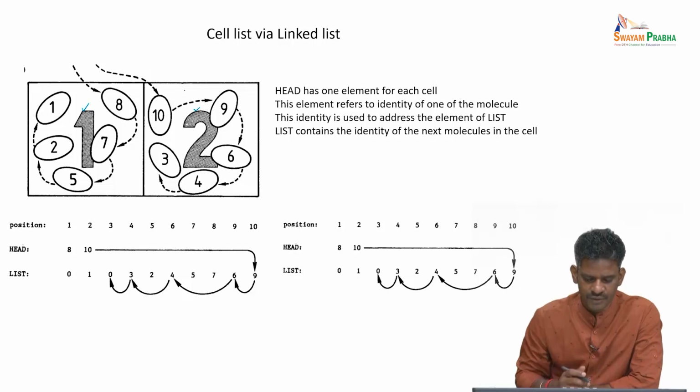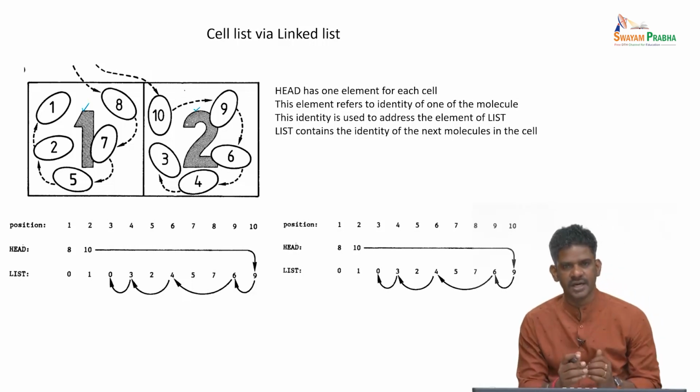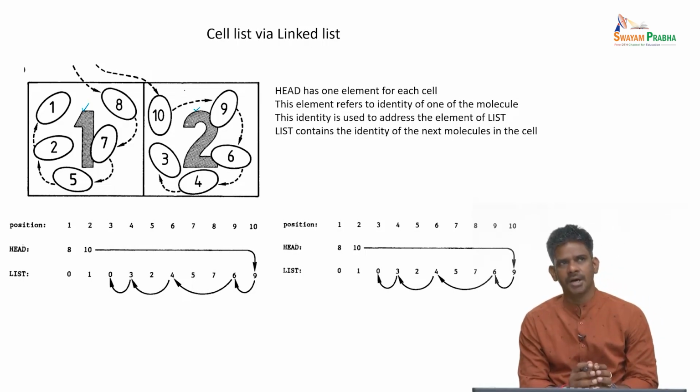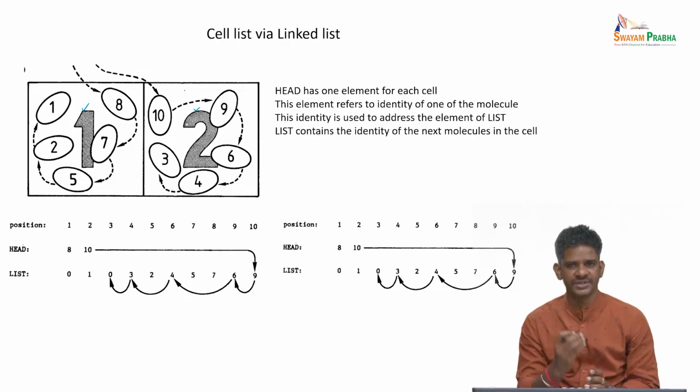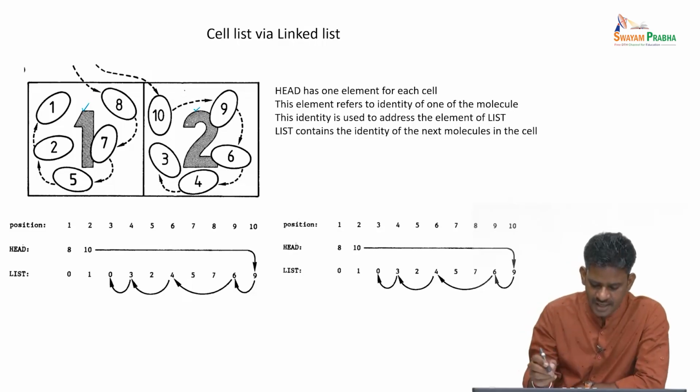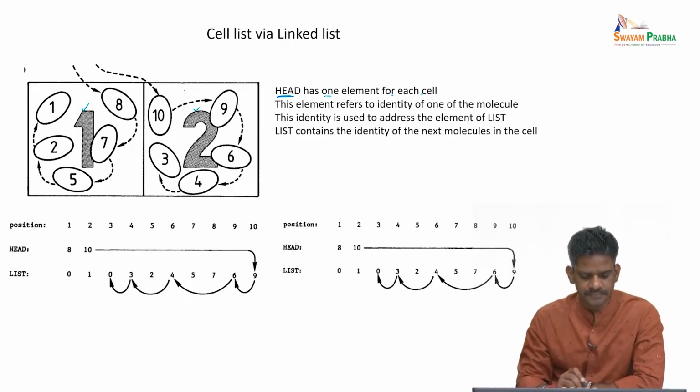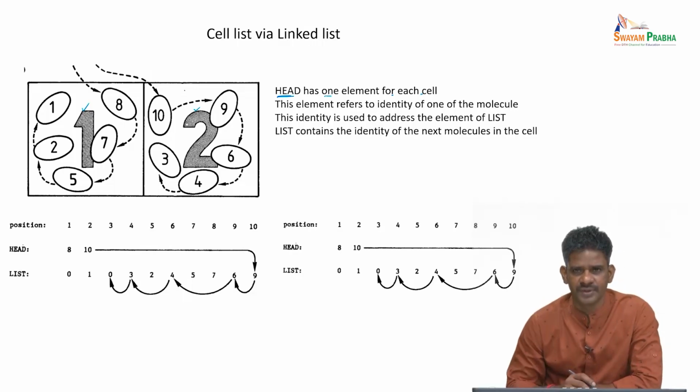We want to bookkeep the molecules in each cell, and then retrieve them, find their identity and use them for calculating forces. To do that we create an array called head, which has one element for each cell. So if there are about m square cells, then you will have that many elements in this particular array head.